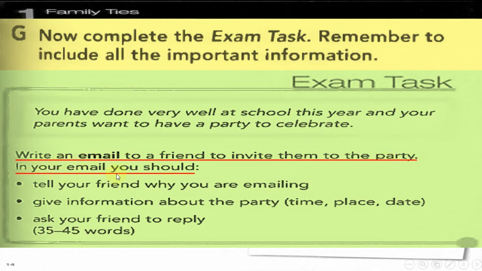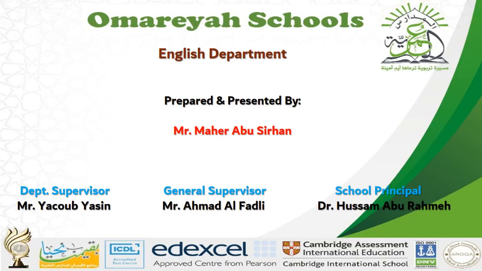In your email, you should tell your friend why you are emailing, give information about the party, about time, place, date, and so on, and ask your friend to reply. Your email should be 35 to 45 words. You have to do this task in your notebook and show the teacher that you have accomplished it. I hope you will do it perfectly as we explained earlier.